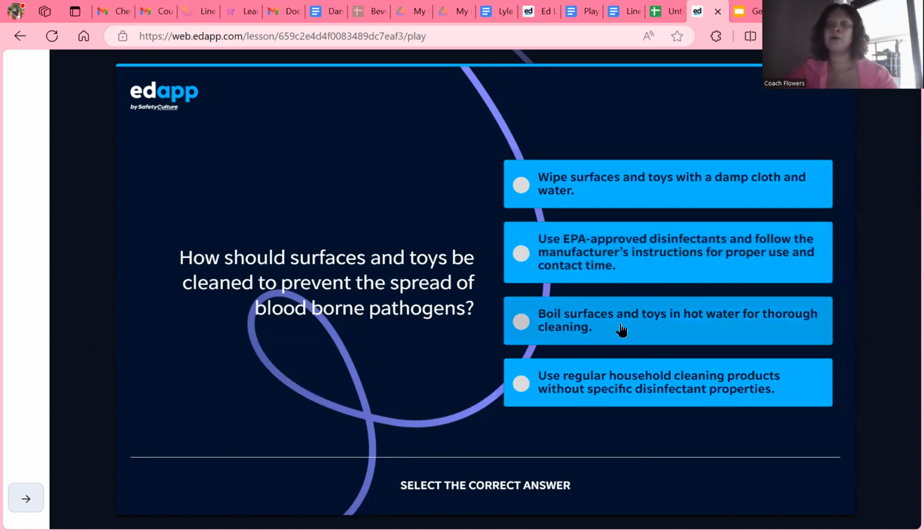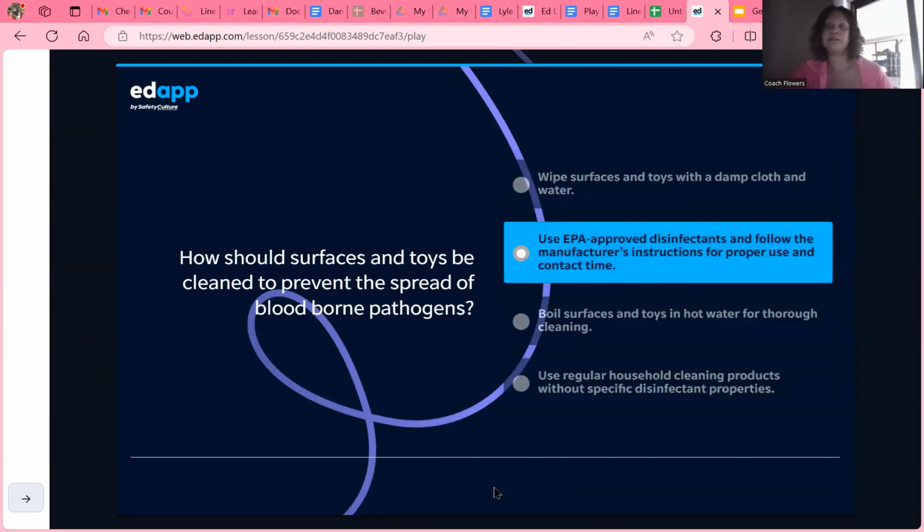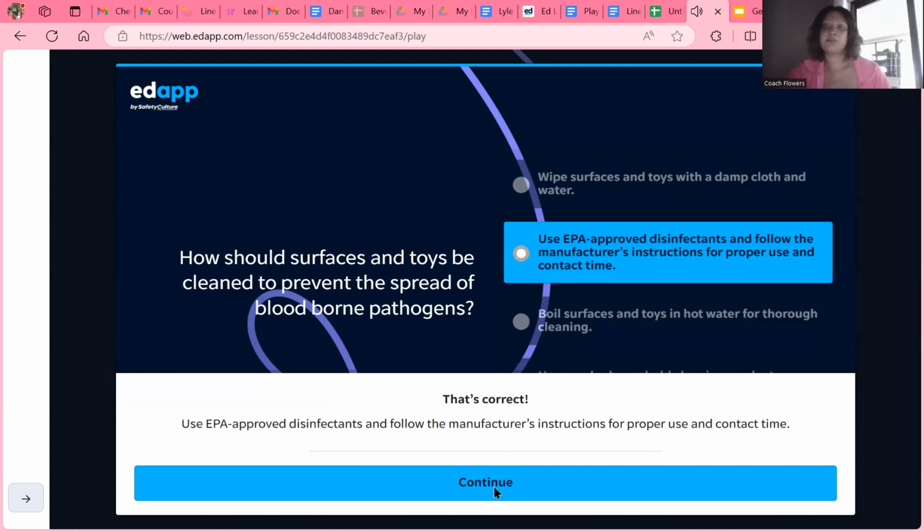C, boil surfaces and toys in hot water for thorough cleaning. Or D, use regular household cleaning products without specific disinfectant properties. If you said B, use approved disinfectants and follow the manufacturer's instructions for proper use and contact time, you are correct.